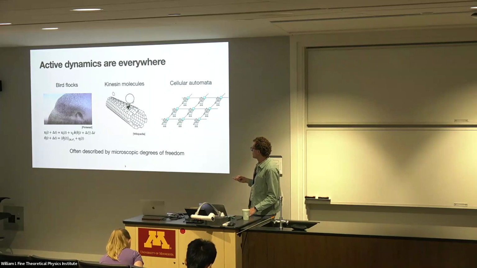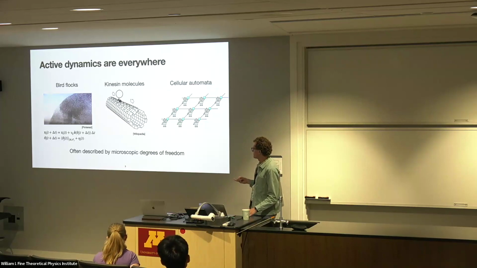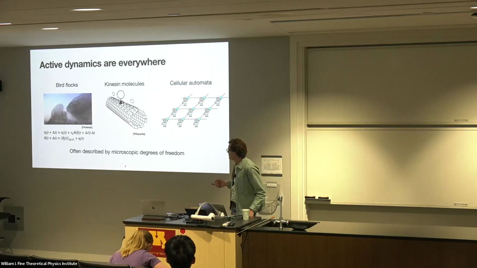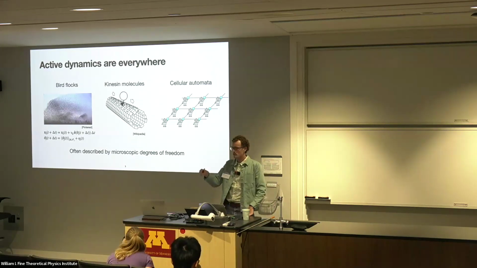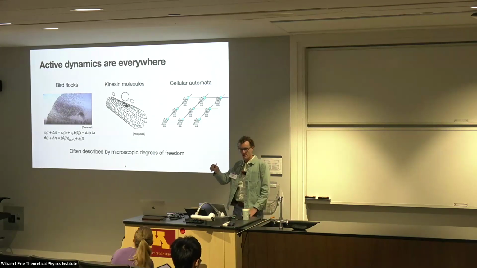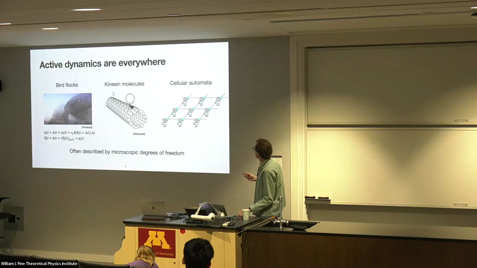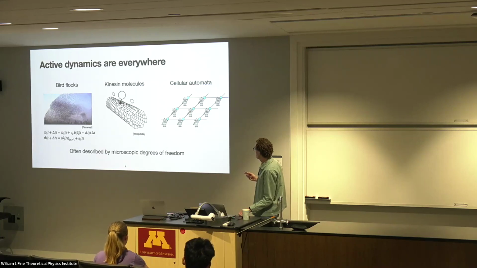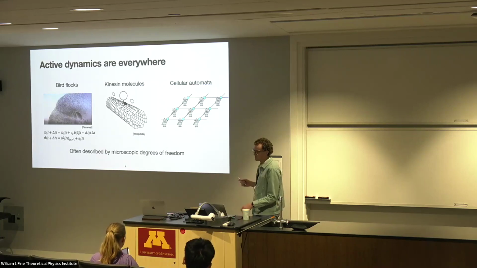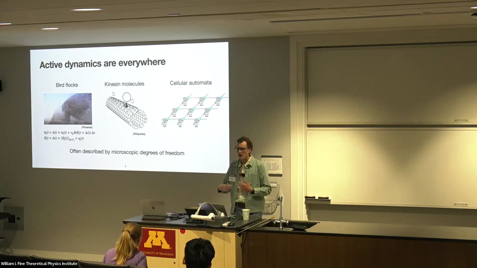In this model of bird flocking, called the Vicsek model, you look at each individual bird and then update it based on its surrounding environment. Similarly, for cellular automata, the way they're usually framed is that you take each individual bit, look at the bits around it, and then decide how to update the bit.